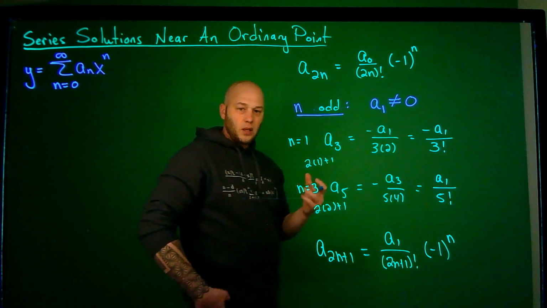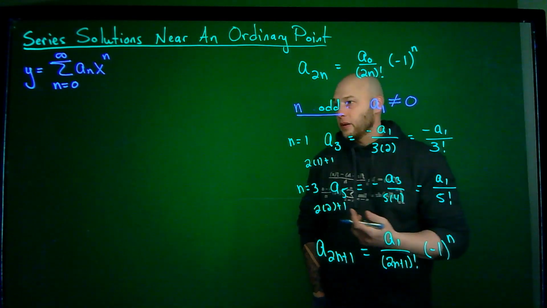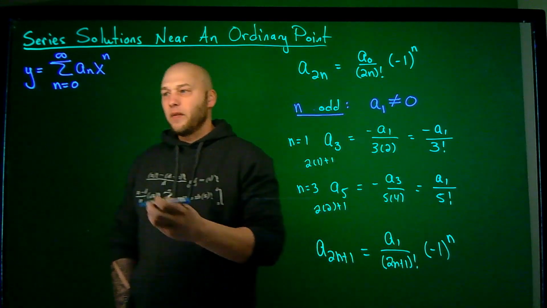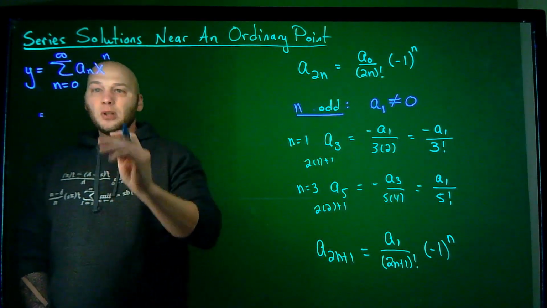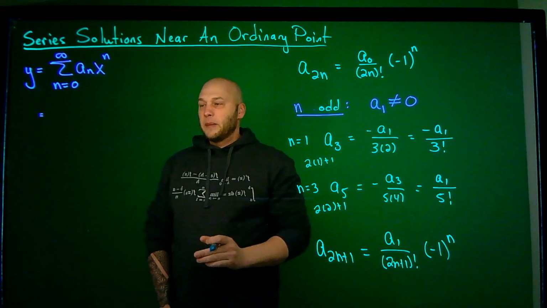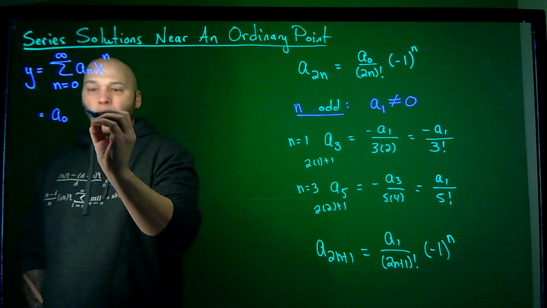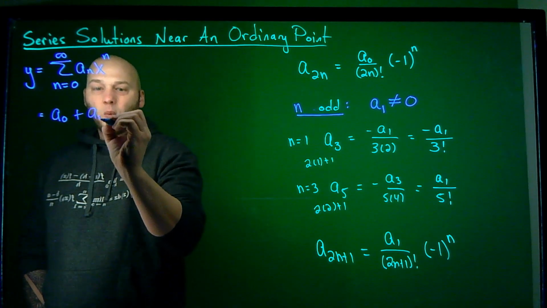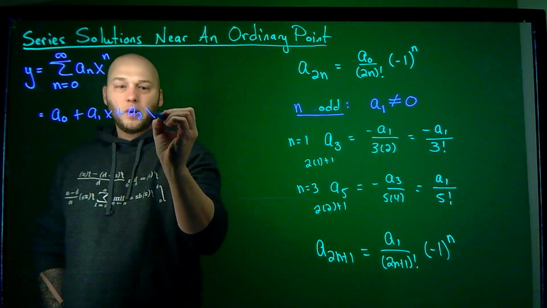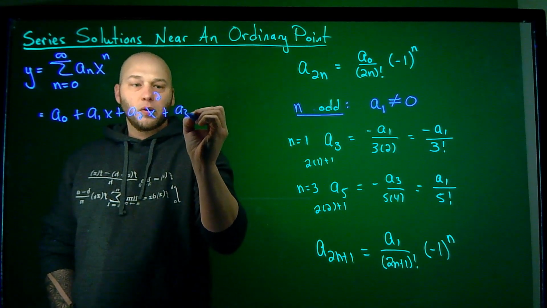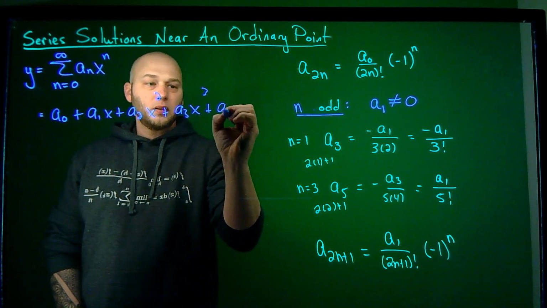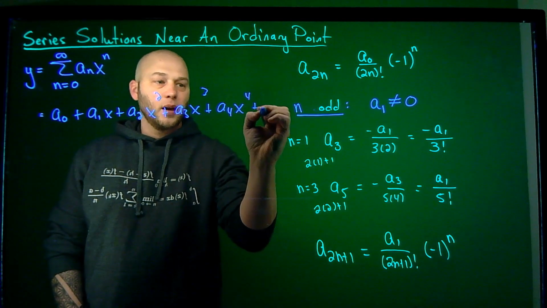That was the series that we had started with. Now let's go ahead and write out a handful of terms here, in the general expansion: a naught x to the 0, which would just be a naught, plus a1x plus a2x squared plus a3x cubed plus a4x to the 4th, and etc.